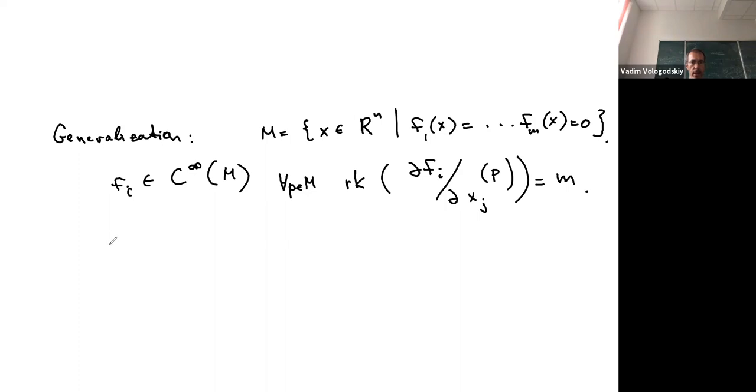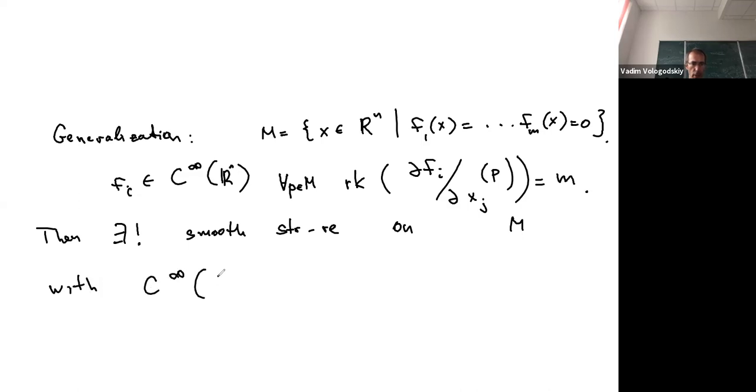Then, sorry, that's not what I meant to say. So then there exists a unique smooth structure on M with global smooth functions equal to those functions.